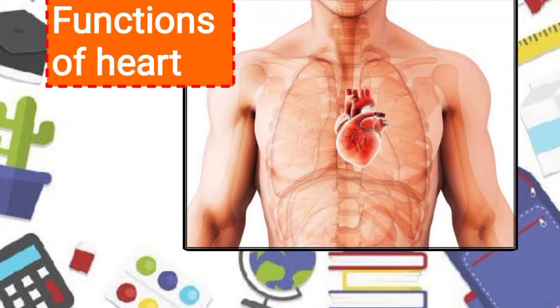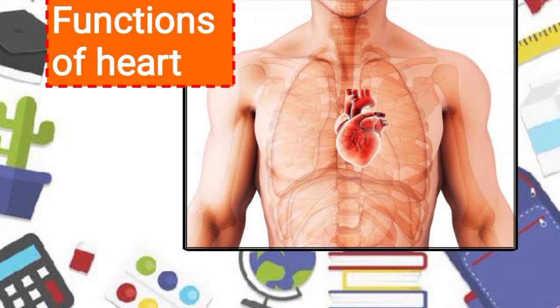The human heart is one of the most important organs responsible for sustaining a healthy life. It functions throughout a person's lifespan and is one of the hardest working muscles in the human body. Now let me tell you some functions of the heart.